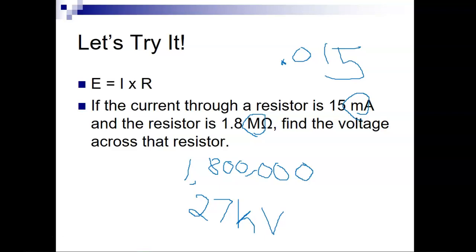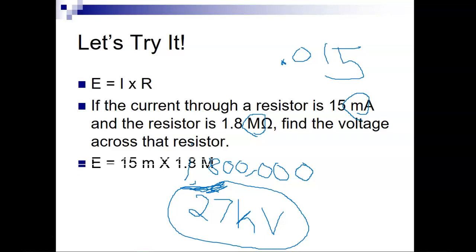So you get 1.8 mega times 15 milli, you get 27 kilovolts. Does that make sense to everybody? Any questions? And yes, you will be expected on future tests and such to be giving me everything in this form of notation. Okay? All right.